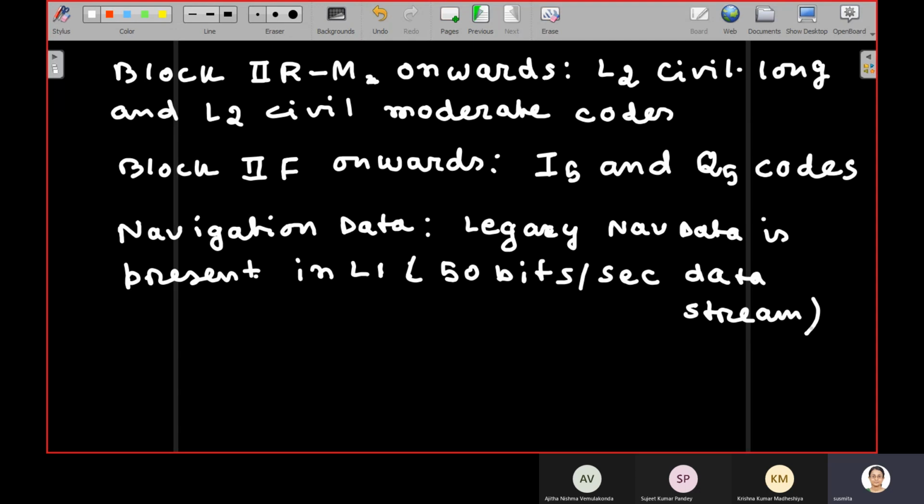Okay, now what is transmitted through the navigation data?